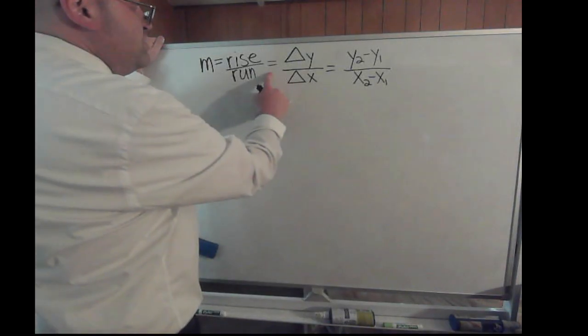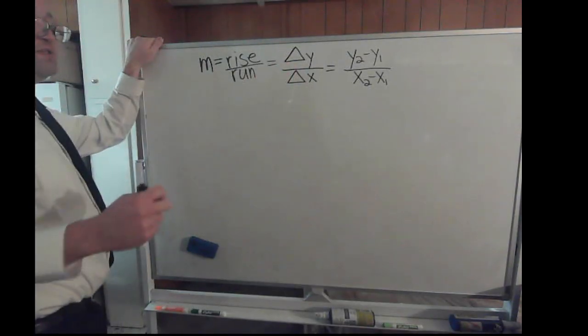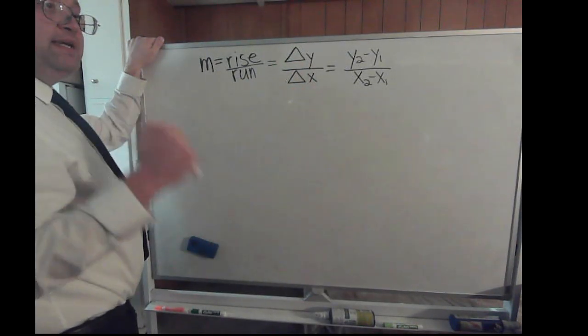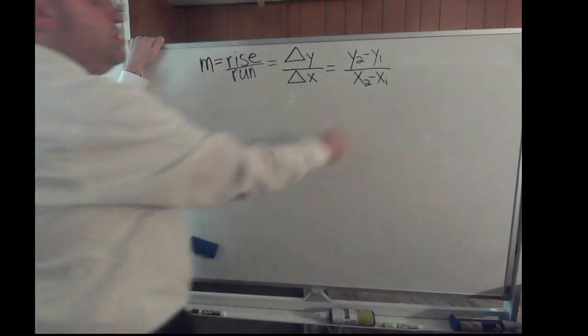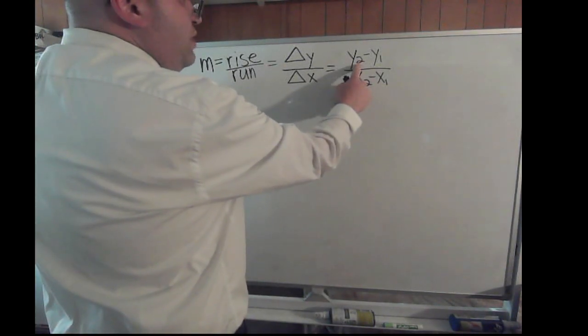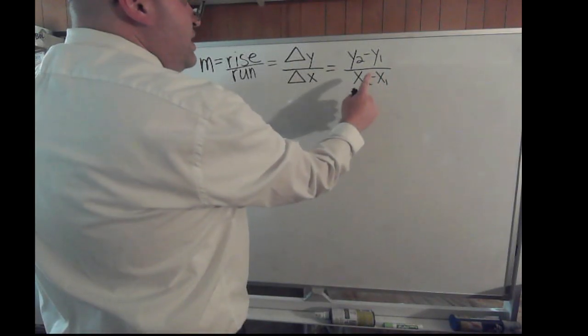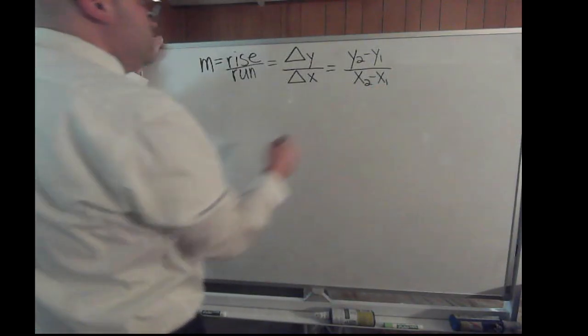Now, next to rise over run, you see that equal to that triangle symbol is delta. So delta y over delta x. What that means is the change in y over the change in x, which breaks down into your second y coordinate minus your first y coordinate over your second x coordinate minus your first x coordinate.